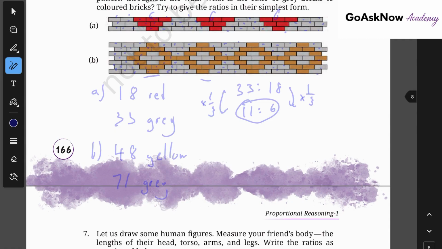So the ratio of gray bricks to colored bricks is 71 to 48. 71 to 48 is in its simplest form, since both of them can't be divided or multiplied by a common factor. So this is your final answer for part B.